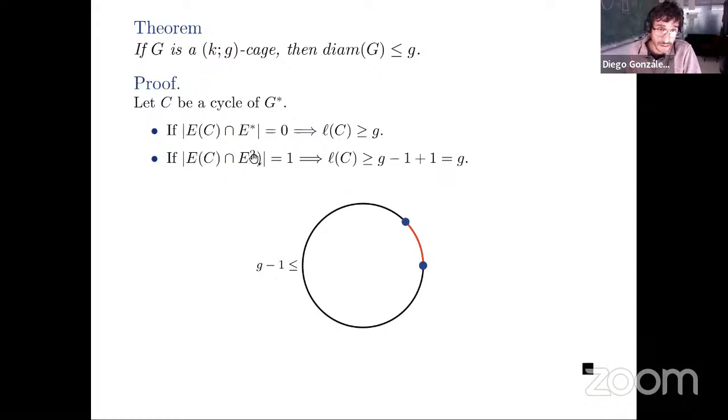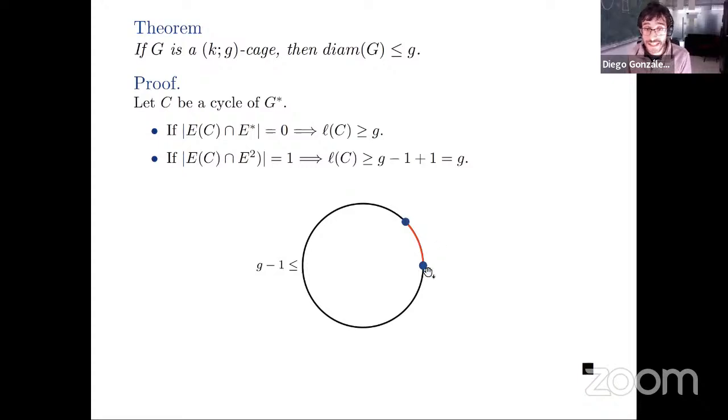If the cycle C has one red edge, sorry, my mistake, it should be E star, not a 2. So if the edges of the cycle have one red edge, then here we have this situation: a cycle with one red edge.